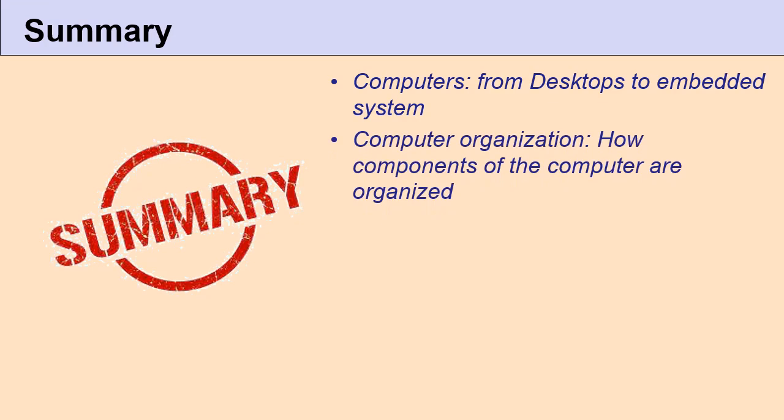Then we looked at how different parts, or modules, of a computer are organized. We looked at the basic components like the memory, the input devices, the output devices, and the central processing unit, or the CPU, connected through a system bus for sharing information between them.